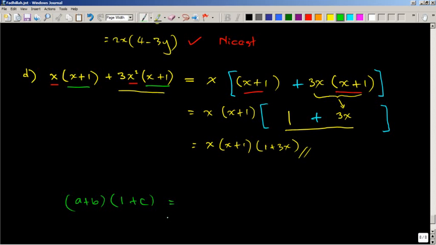Boleh tak? A bracket 1 plus C plus B bracket 1 plus C. Again. A bracket like this or bracket kat mana? Macam ni, A bracket macam ni lah? Yeah, 1 plus C. 1 plus C. Oh, okay.